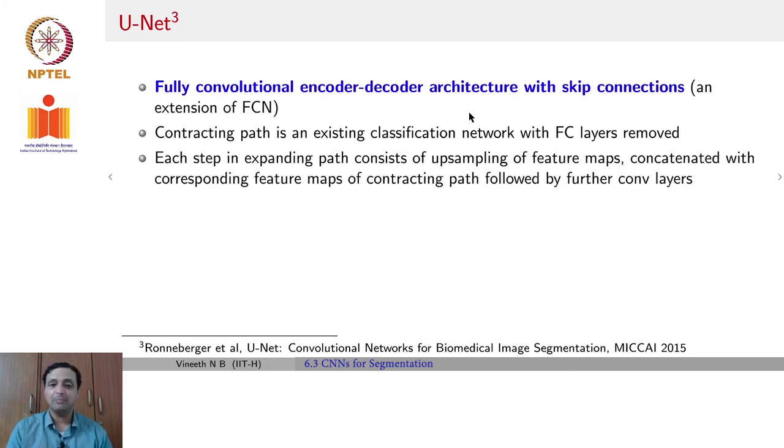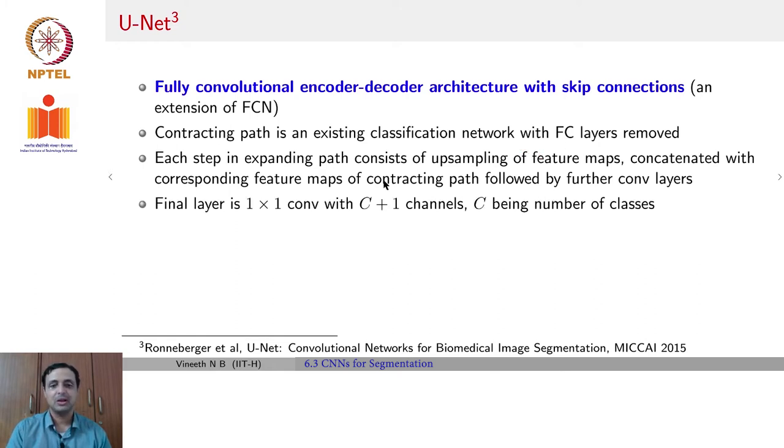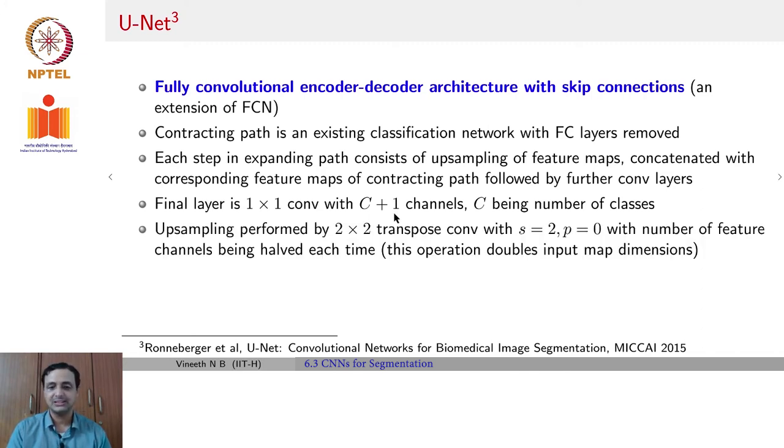But in the expanding path, in addition to upsampling of feature maps, the network also receives corresponding feature maps of the contracting path along with further convolutional layers. Finally, at the end, you have a 1x1 convolution with C+1 channels, where C is the number of classes.